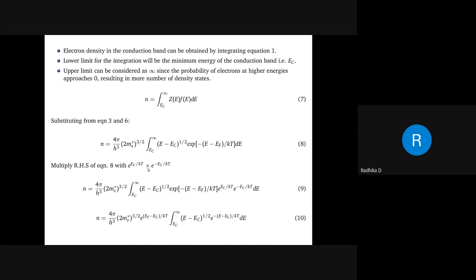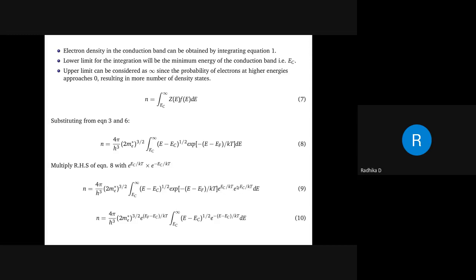So basically all you are doing is a rearrangement. After this step where you are multiplying with this particular factor, e to the power of Ec by kT into e to the power of minus Ec by kT, what you have done from equation number 9 to equation number 10 is just a rearrangement. The term with exponential Ef by kT, which was inside the integral, I am taking out.